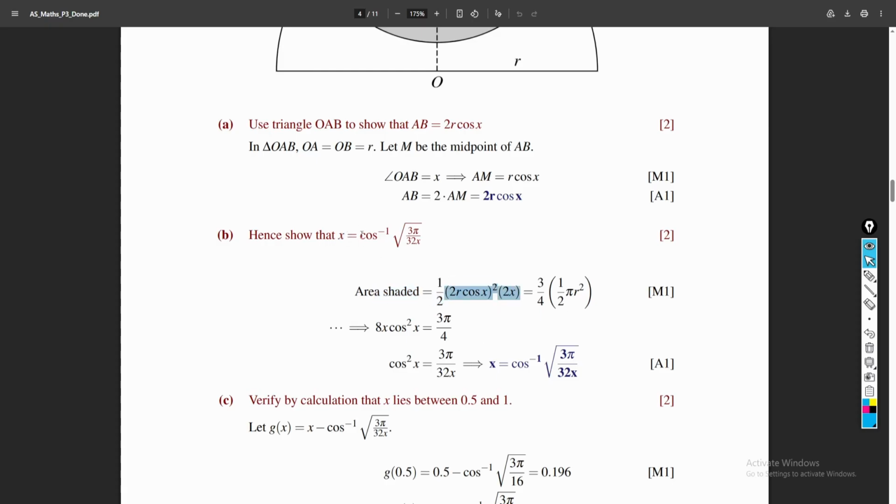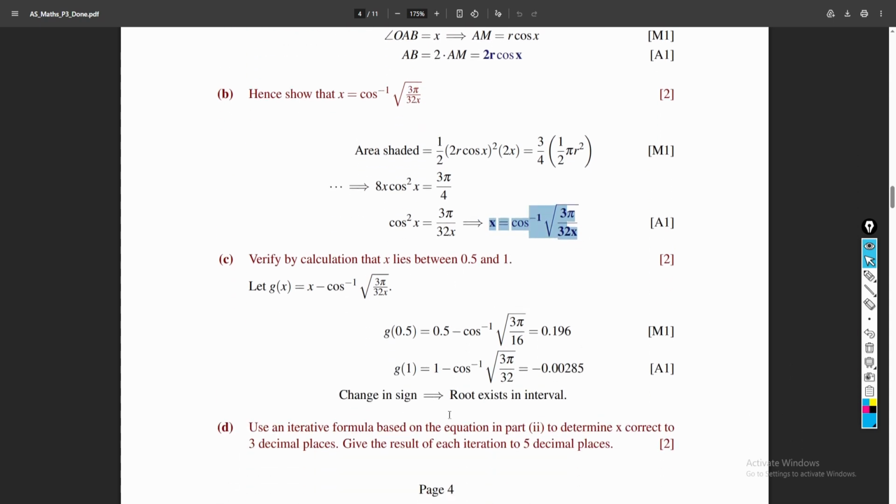We keep the cos x here because we will have to inverse at the end, so we take everything else to the right. So this becomes 8x, and we take it to the right. So this becomes 3 pi by 32x. Then we square root, and then we inverse cos, and we get what we are looking for.